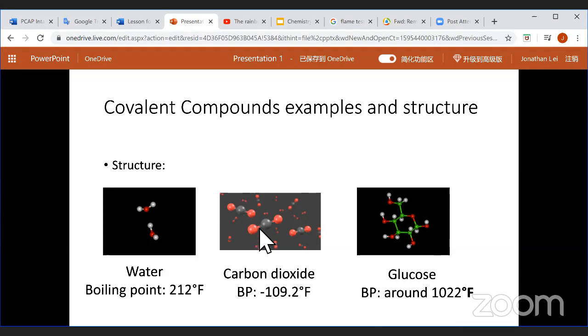There are all kinds of lines connecting each other, which makes it a molecule. And the little lines between the atoms are called covalent bonds. The covalent bond makes a molecule. It makes it a compound. So that's why they are called covalent compounds.